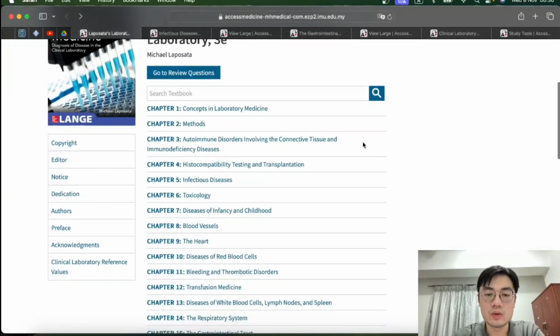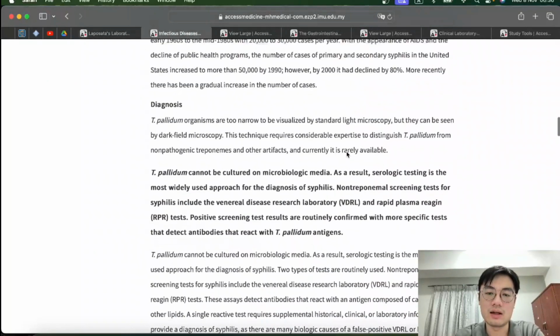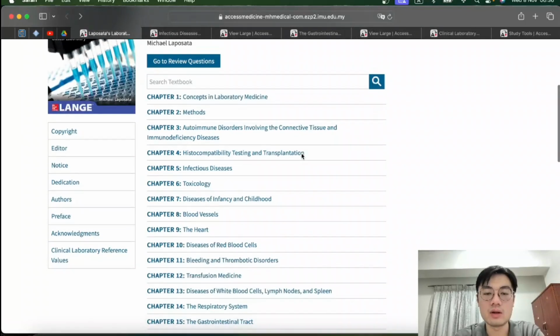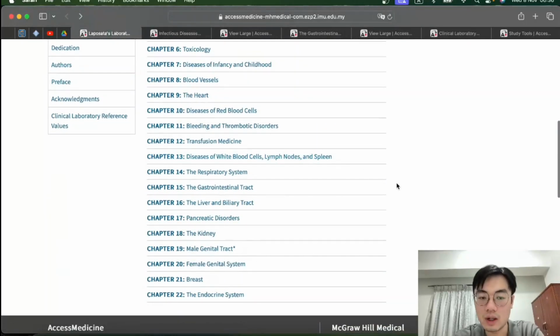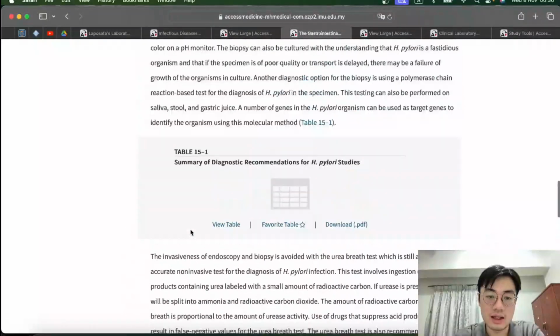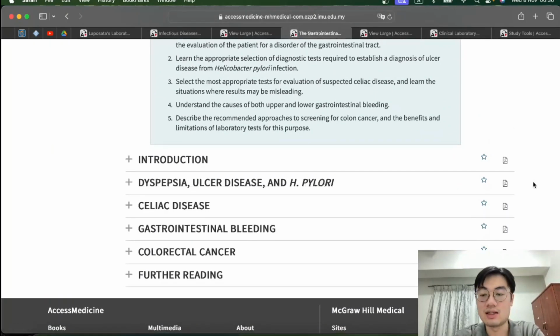That is for infectious disease, which has a lot of different systems. When we go back to the main page, we can choose one particular system, so for example, I chose the GI system. Here you can see that it's divided into specific diseases that are common in the GI system, like dyspepsia, ulcer, and celiac disease.